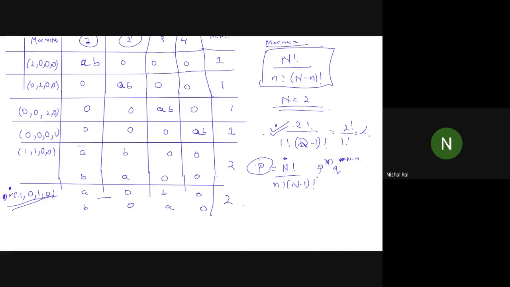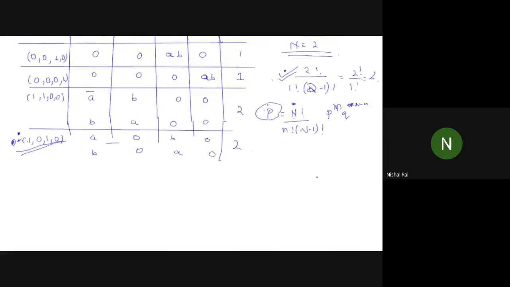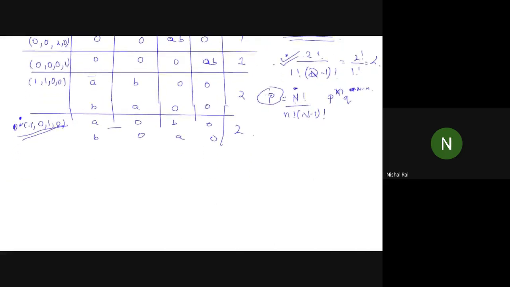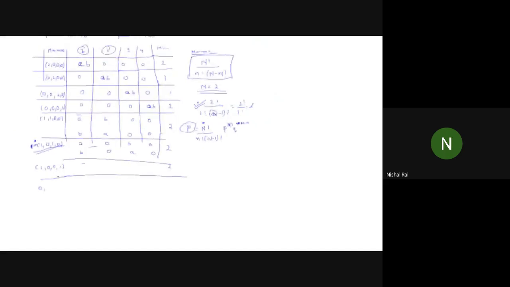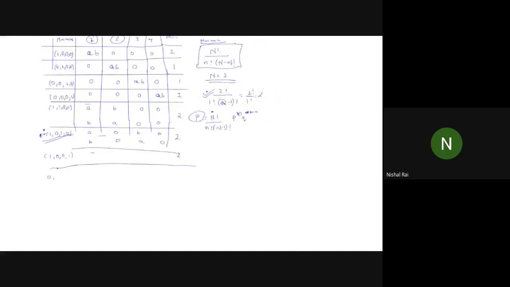So as we keep on continuing, what are the other possible ones? Another possibility is 1, 0, 0, 1. Clear? Again, this will have how many? 2 number of microstates. Apart from that, it will be 0, 1, 1, 0.